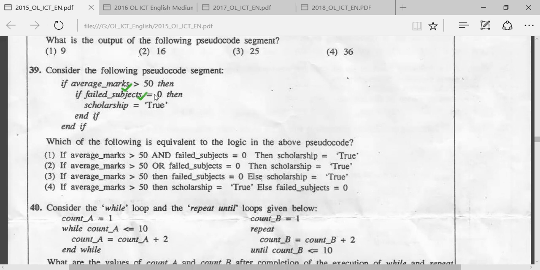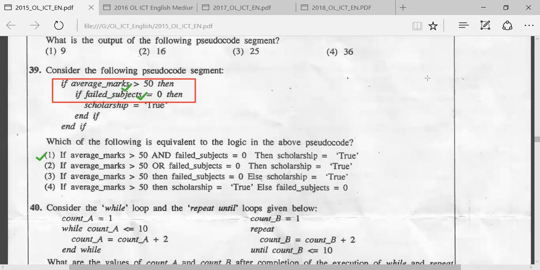So both conditions you have to satisfy, which means it is AND. If average marks greater than 50 and failed subject equal 0, then scholarship equals true, which means you have to fulfill these two conditions. It is compulsory, right? So the answer is the first answer option.